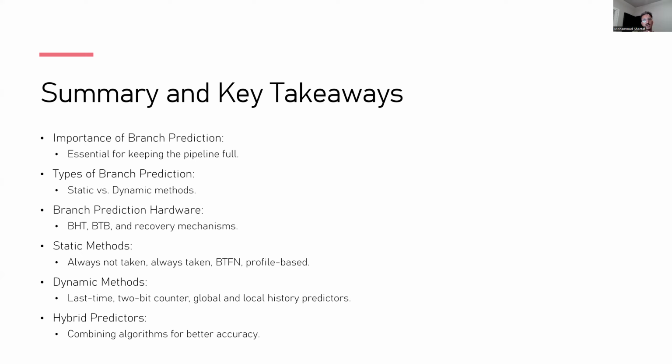The whole summarization behind this presentation is that it provides a comprehensive overview of branch prediction, including its importance, its types, hardware, and dynamic methods, which also fall into hybrid predictors. It just gives us a direct image of what branch prediction falls into.